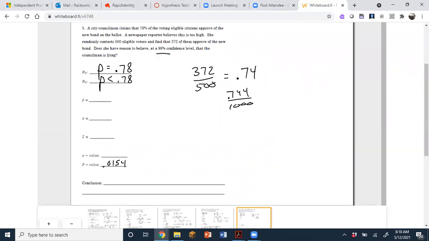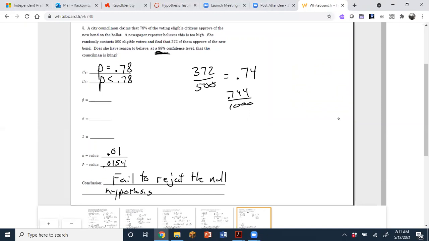0.0154. And since we want a 99% confidence level again, so is the p-value less than the alpha value? No. So we fail to reject the null hypothesis.